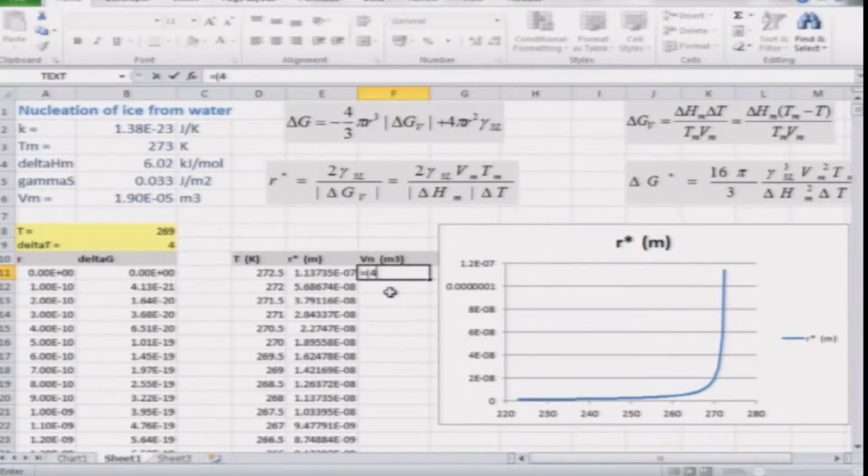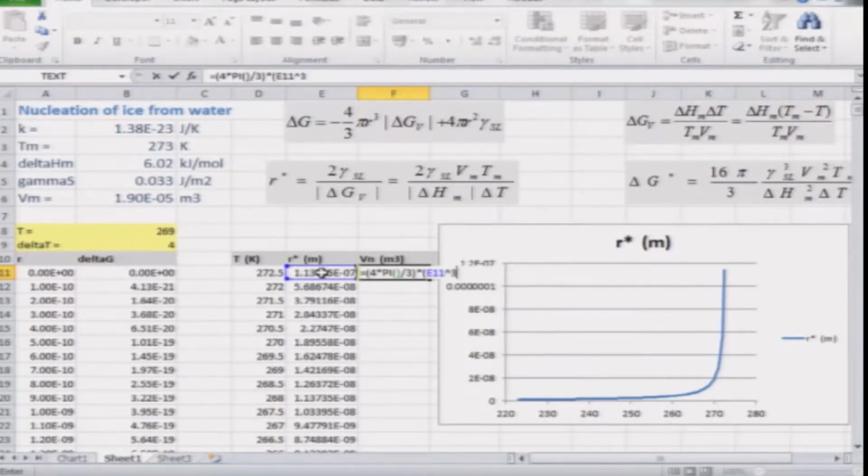So it is 4 times pi divided by 3 multiplied by r cube, brackets. I will take this value in cell E11 and raise it to power 3.